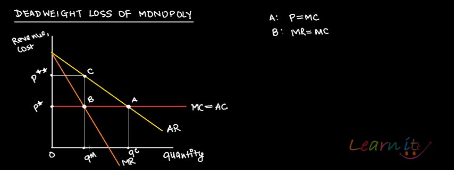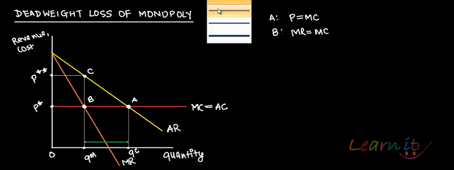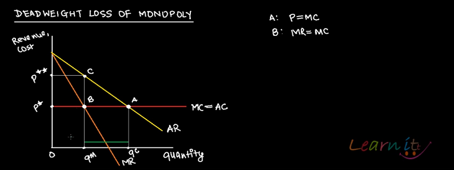Now this gap between QC and QM, which you have just seen here, which is because of arrival of monopoly, this is the misallocation of resources brought by monopoly.